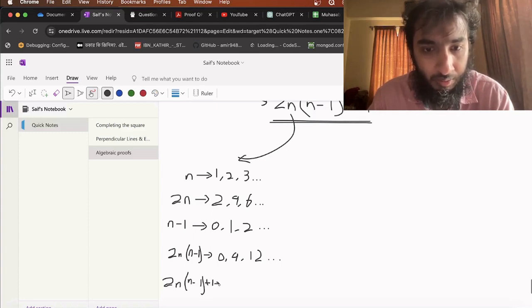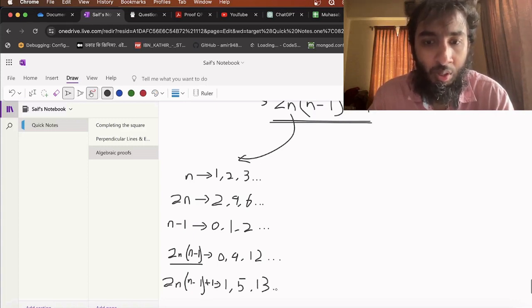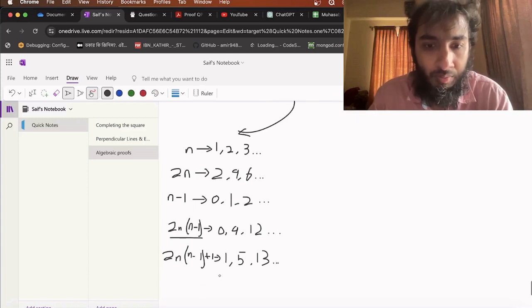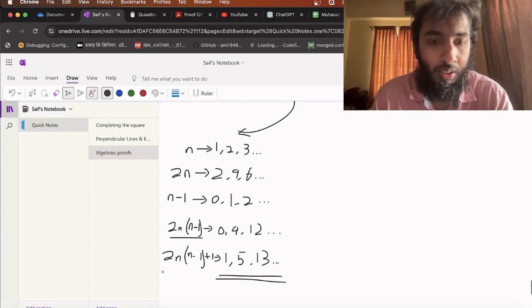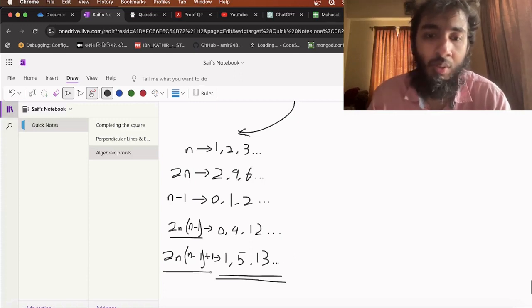So twice n into n minus 1 is 0, 4, 12. So plus 1 would be 1. For 4 it would be 5. And for 12 it would be 13. And so on. So it would be 1, 5, 13 dot dot dot for the term twice n into n minus 1 plus 1.